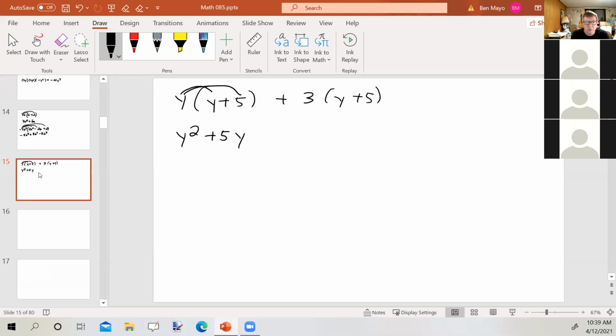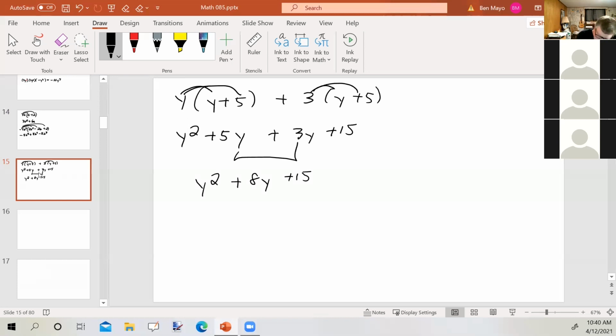Then we're going to distribute the 3 through the second binomial, 3y plus 15. And this would be a plus 3y. So now we've got that. Then combining like terms, we get y squared plus 8y plus 15. Any questions about what I just did?